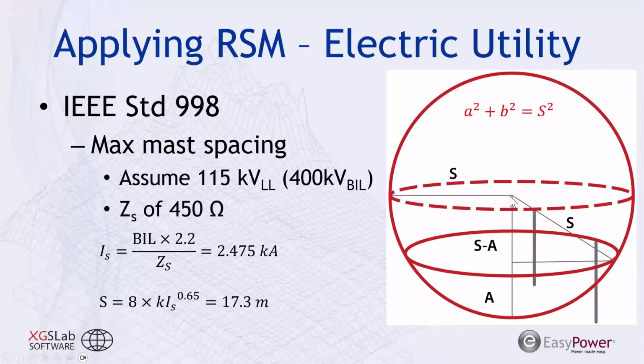And then we have our S minus A being either the mast height or the base conductor's height, and we can just create multiple right triangles in order to calculate our striking distance, in order to calculate how far away we can put these masts in order to prevent the sphere from rolling through this and making contact with the base conductors of our substation.